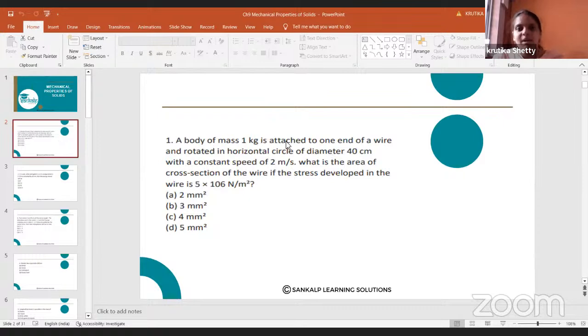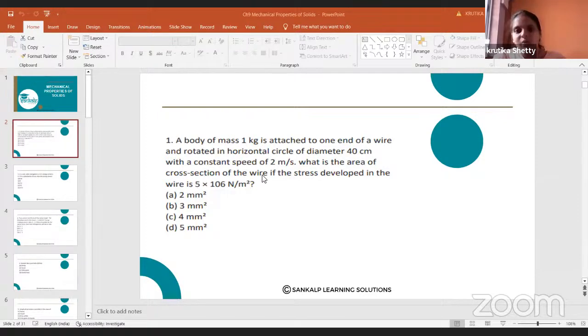A body of mass 1 kg is attached to one end of a wire and rotated in a horizontal circle of diameter 40 centimeter. So ಇಲ್ಲಿ ಏನೇನ್ ಕೊಟ್ಟಿದ್ದಾರೆ ನೋಡಿ, the body mass is given as 1 kg. So m is given and it is attached to the wire and rotated in a horizontal circle of diameter 40 centimeter with a constant speed of 2 meter per second. ಅಂದ್ರೆ speed value ಇದೆ, diameter ಇದೆ.